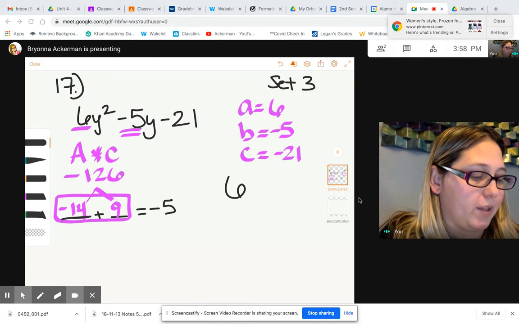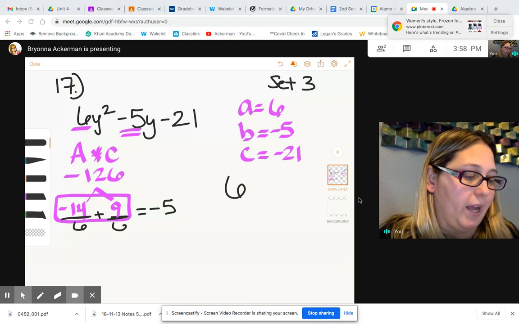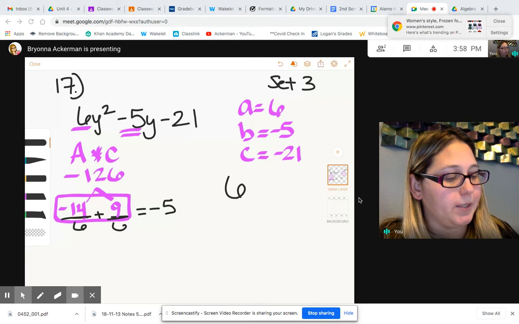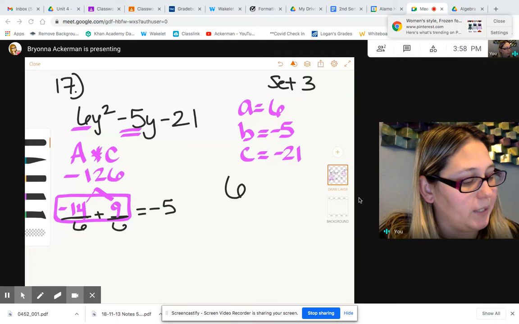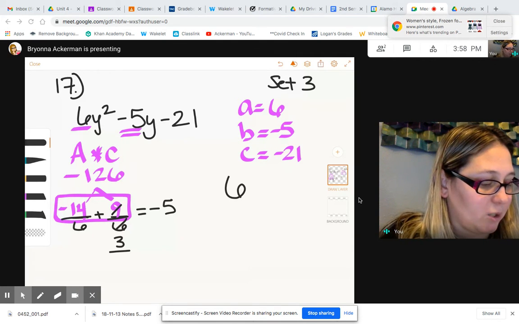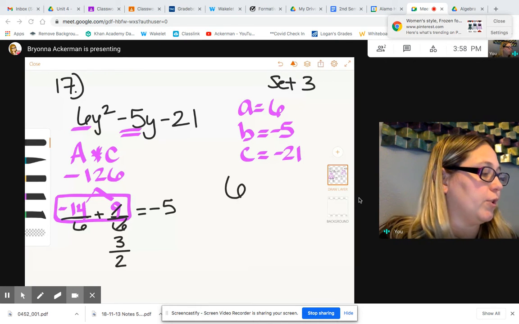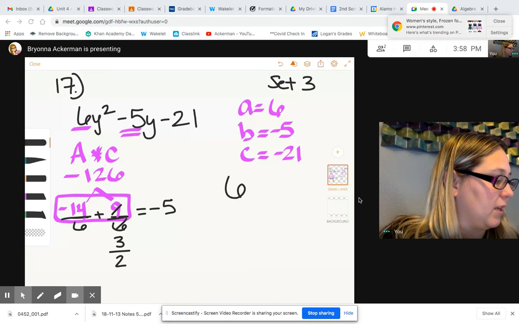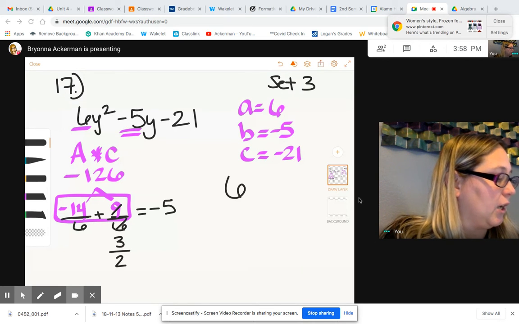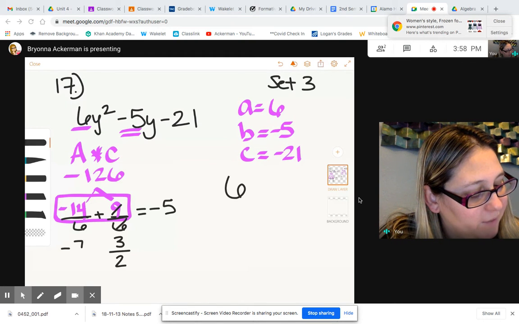If we divide both of these by 6 and simplify where we can: 9 over 6, well, 3 goes into both. 3 goes into 9 three times, and 3 goes into 6 twice, so this reduces to 3 over 2. Then we want to reduce the 14 and the 6. The only thing they have in common is 2, so this reduces to -7 over 3.